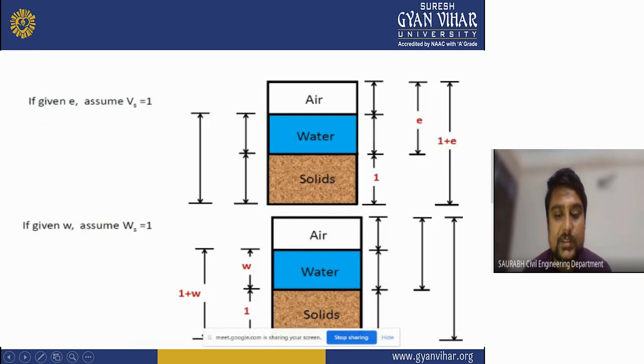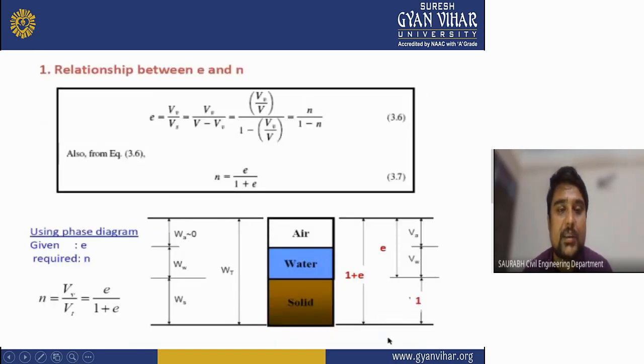Now as you can see here, if we assume Vs equal to 1, it will become like this. If we assume Ws equal to 1, it will become like this.